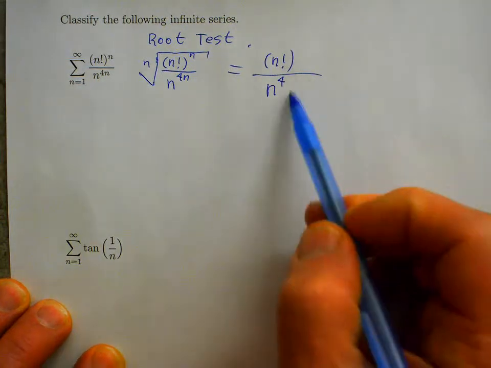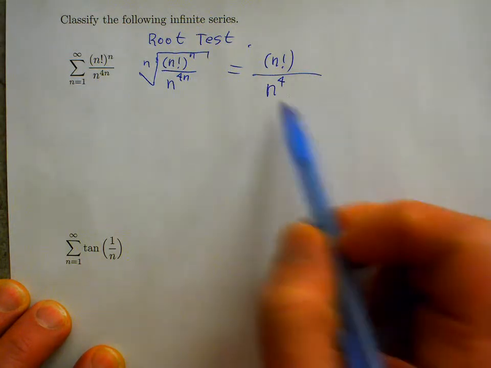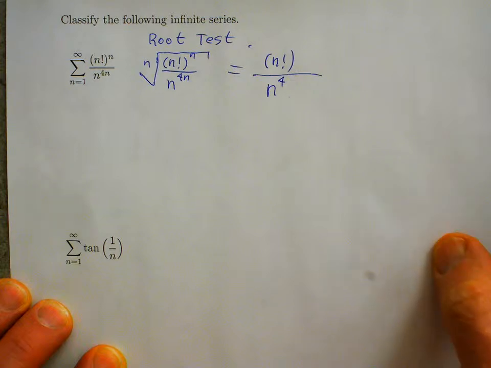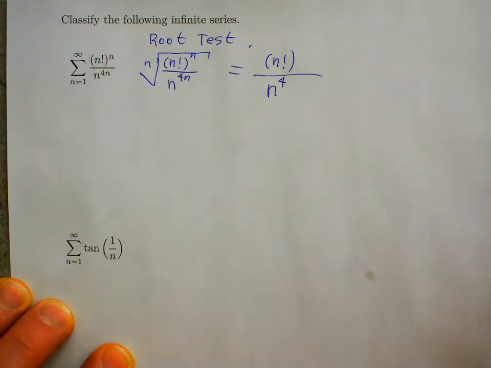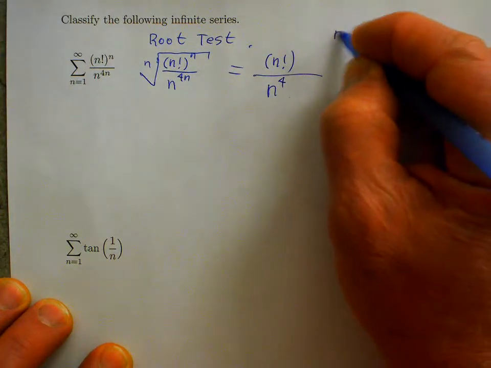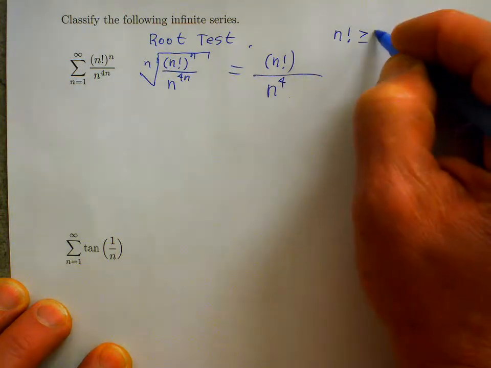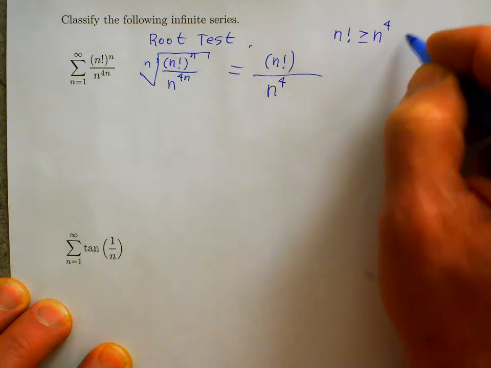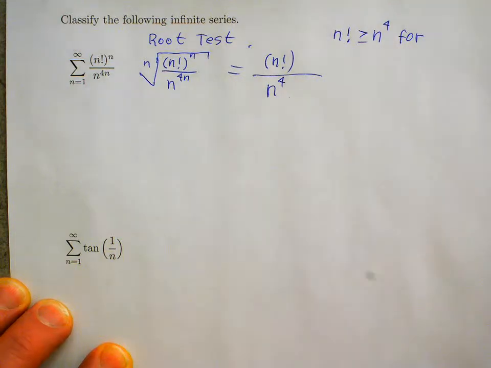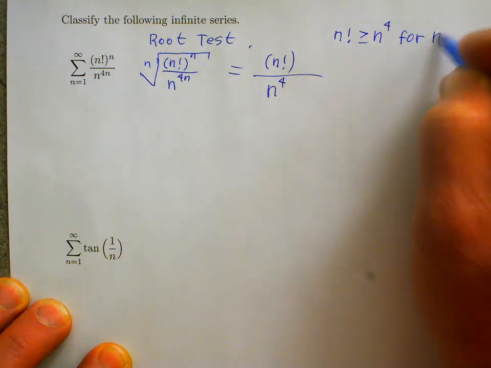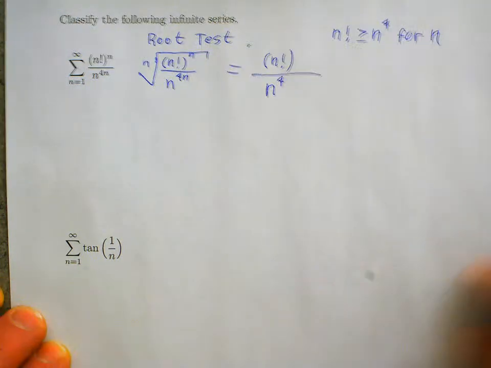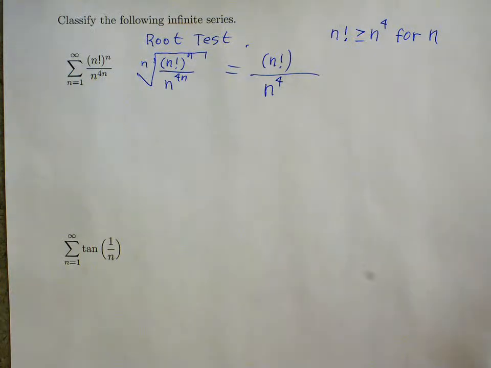And now we want to take the limit of n factorial over n to the fourth. So n factorial is greater than or equal to n to the fourth for what values of n? Well, let's see.